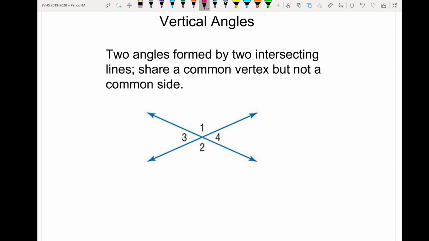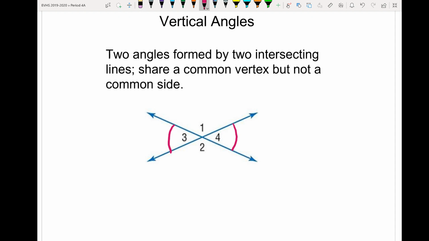Okay, vertical angles are angles formed by two intersecting lines or rays or segments that share a common vertex but not a common side. So here angle 3 and angle 4 are vertical angles. Notice the word vertical here is different than what you're used to as the up and down direction. Okay, it means they're across from each other with two intersecting lines.